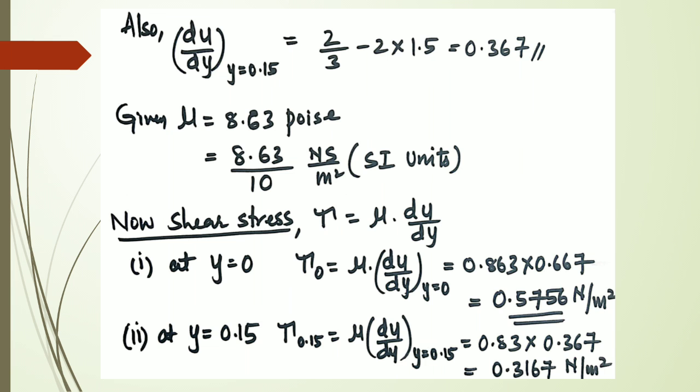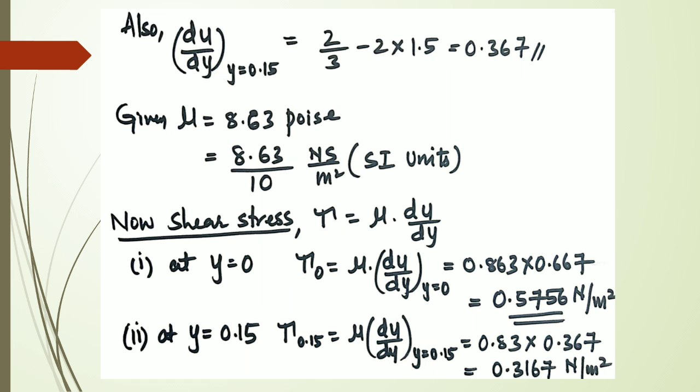Now we need to find the shear stress at y is equal to 0 and at y is equal to 0.15. Shear stress tau is equal to mu into du by dy. The equation is known to me, so substitute.